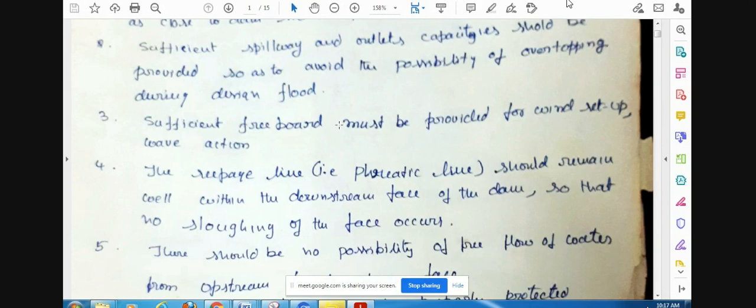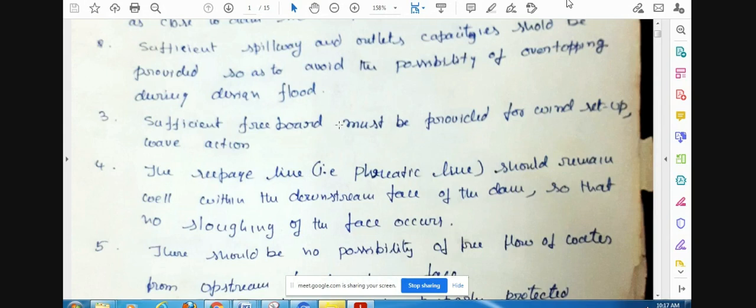The seepage line should remain well within the downstream face of the dam, so that no sloughing of the face occurs. As I said, if the phreatic line or seepage line cuts the downstream face of the dam, what will happen?